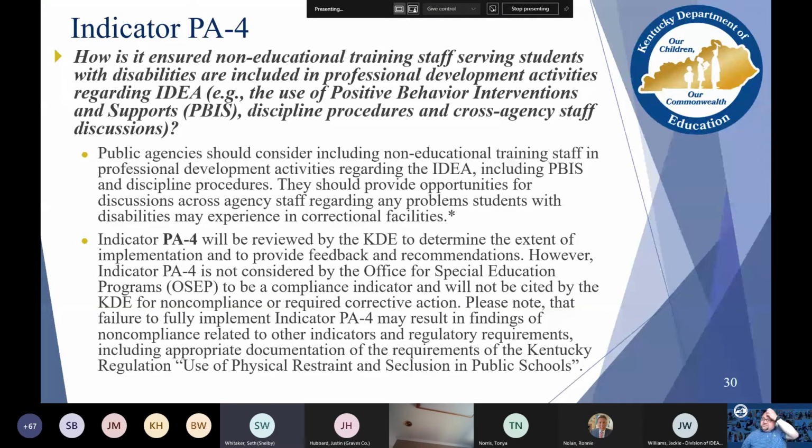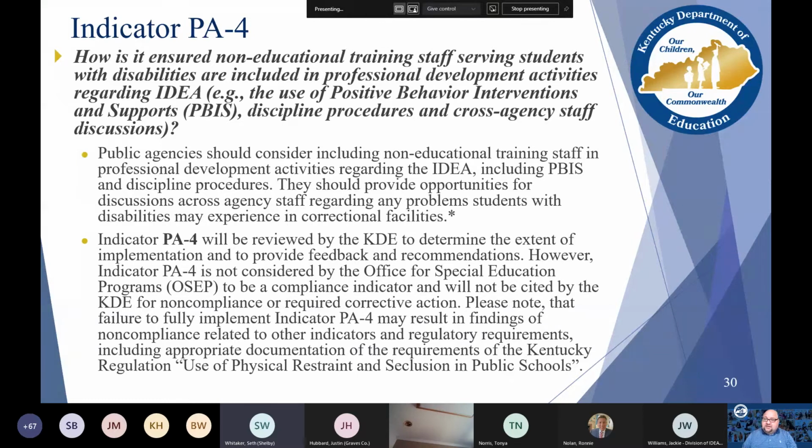Public agencies should consider non-educational training staff in professional development activities regarding IDEA, including PBIS and discipline procedures. They should provide opportunities for discussion across agency staff. Notice I'm not just saying school staff. I'm saying if you work with a kid, you should be included in any trainings related to special education.